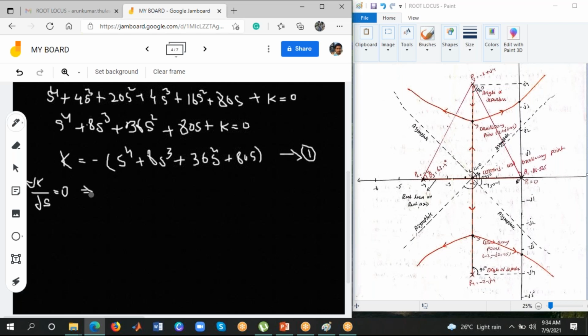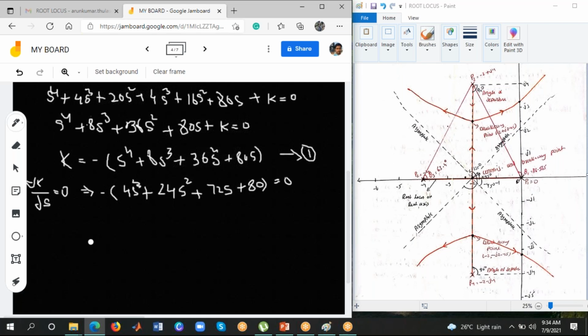So you'll get minus of (4s cubed plus 3 into 8, 24s square, plus 36 into 2, 72s, plus 80) equals 0.